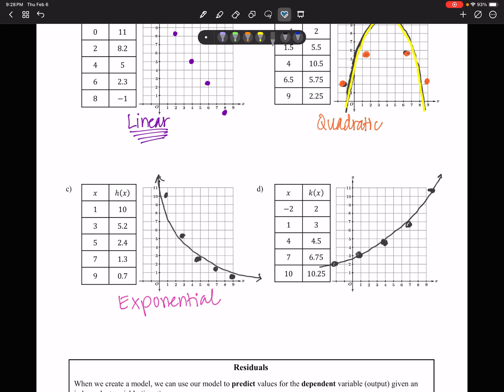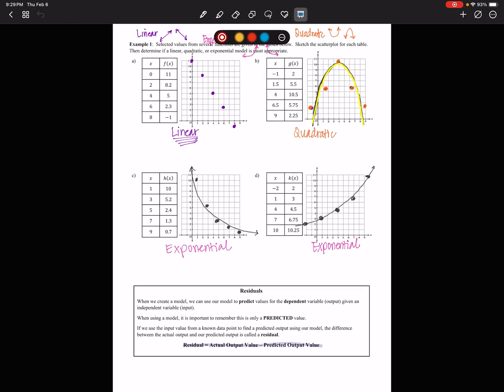Now, as much as I want to say that it's none of the above, just to have one of each, this is exponential. It's not exponential decay, it is exponential growth. But whether it's growth or decay, both of these, C and D, are exponential.